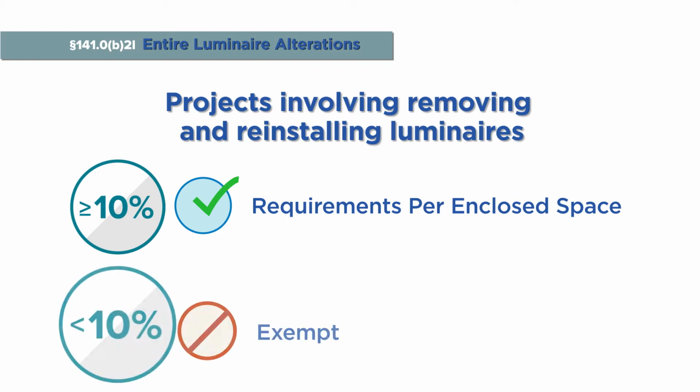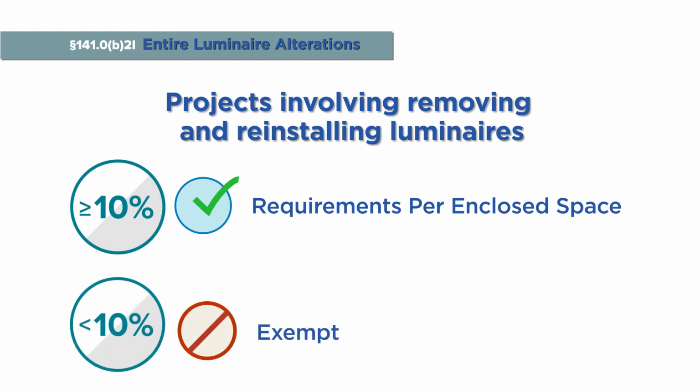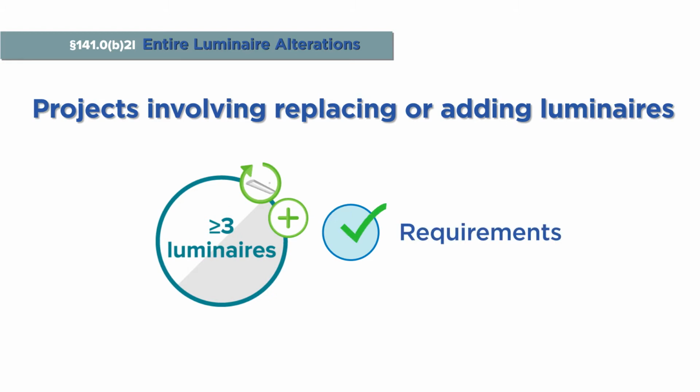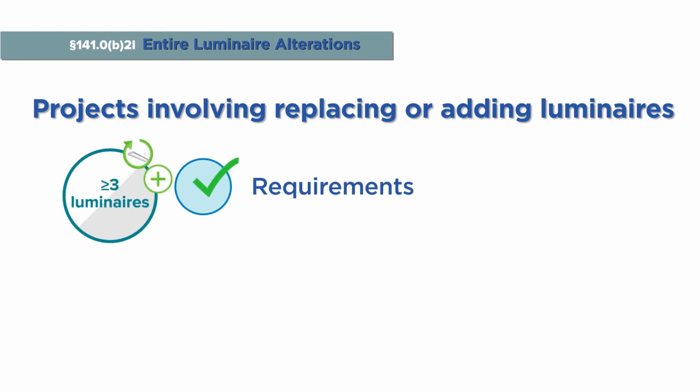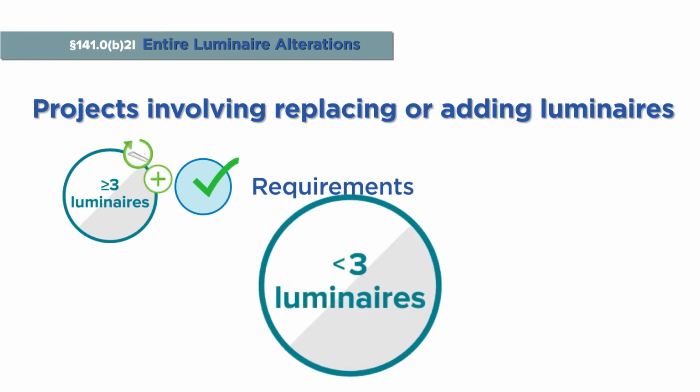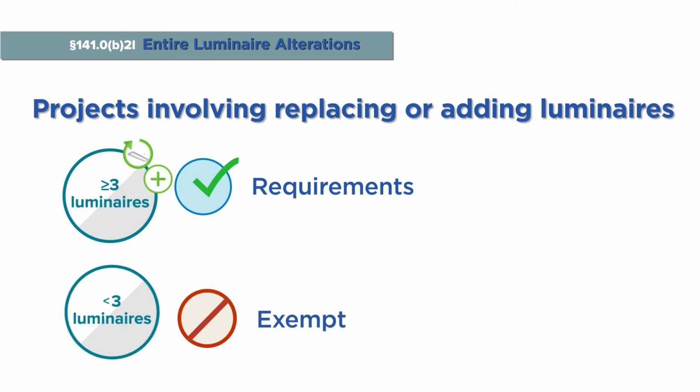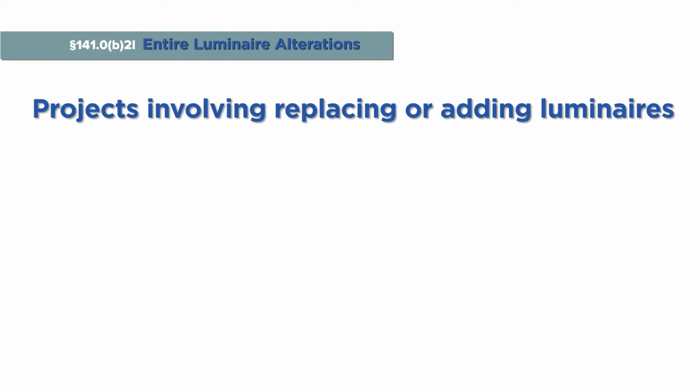If the project involves removing and reinstalling less than 10% of the existing luminaires in the space, the alteration requirements are not applicable. Projects where 3 or more luminaires are replaced or added must comply with entire luminaire alteration requirements. If the project involves less than 3 luminaires, it's exempt, even if those luminaires constitute 10% or more of the luminaires in the enclosed space.